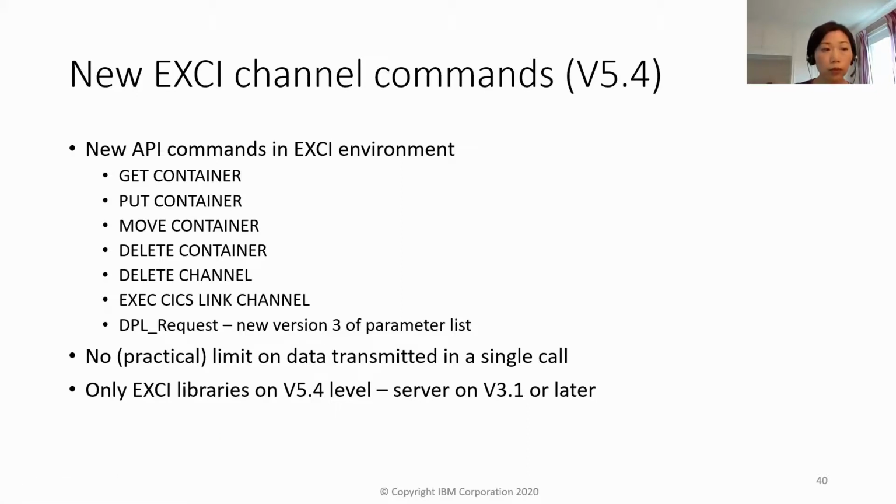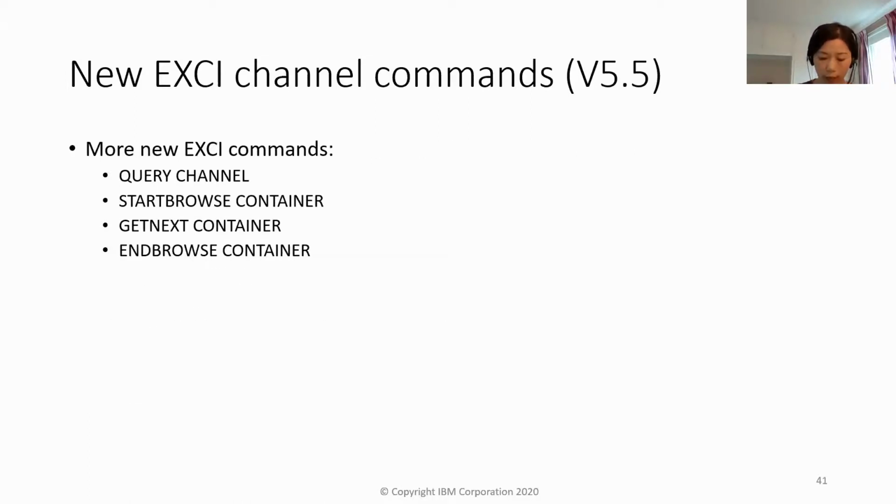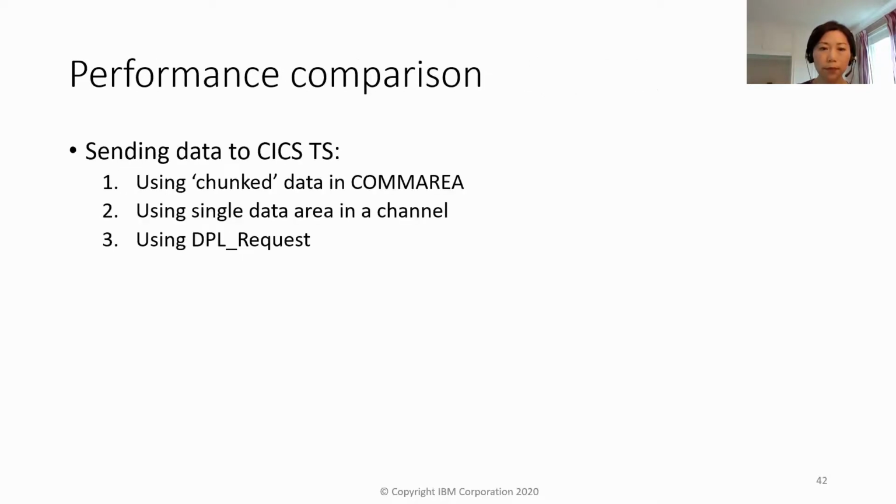And notice that you don't need to have your server on the 5 level or later. You only need your EXCI library, which runs those EXCI applications, on the 5.4 level, and it can talk to servers on 3.1 or later. So this is a set of commands we put in 5.5 around the channel commands as well.